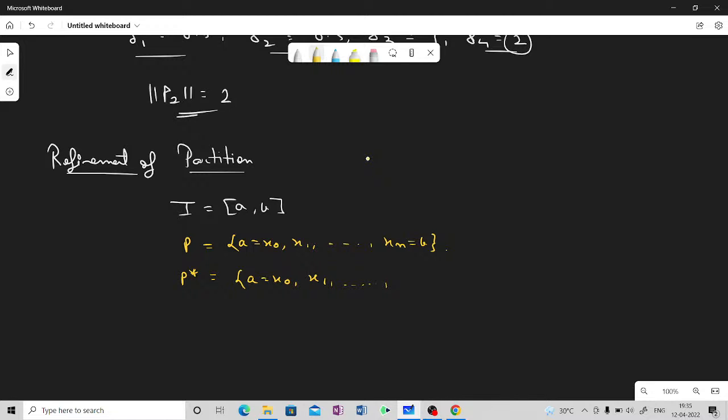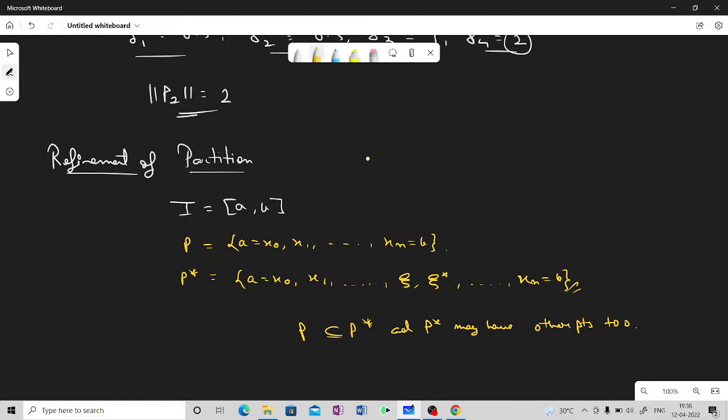Basically, P is contained in P star, and P star may have other points too, but it must obey the condition for it to be a partition.